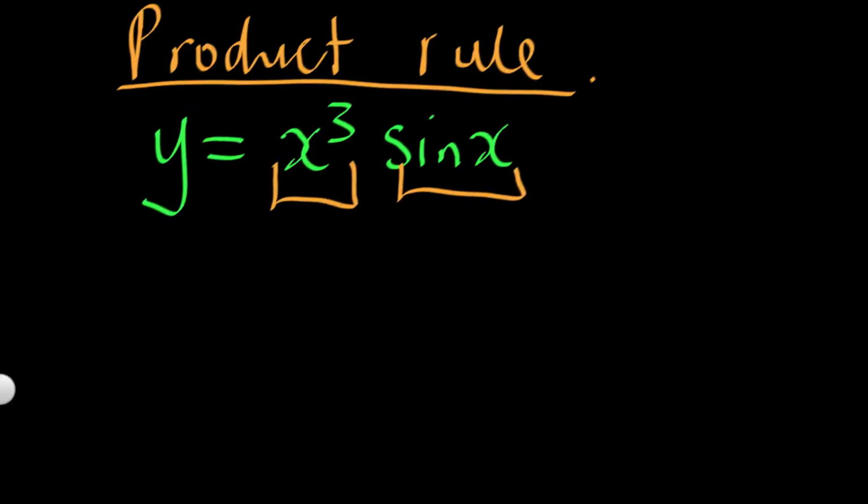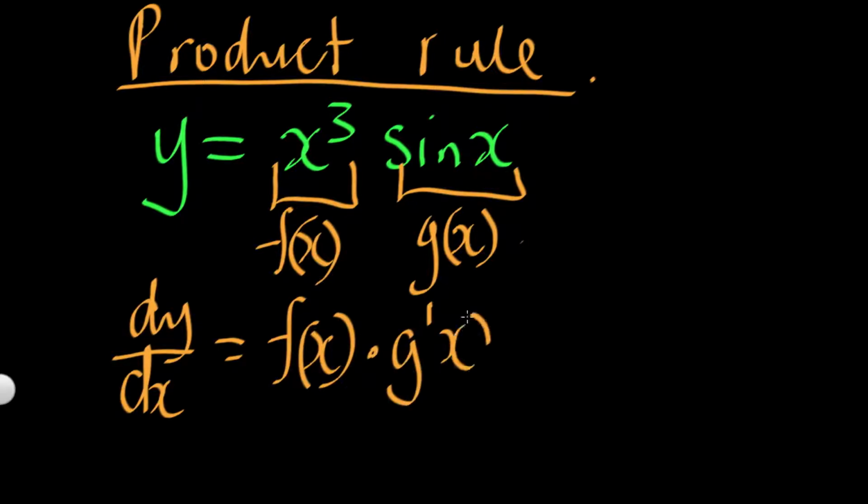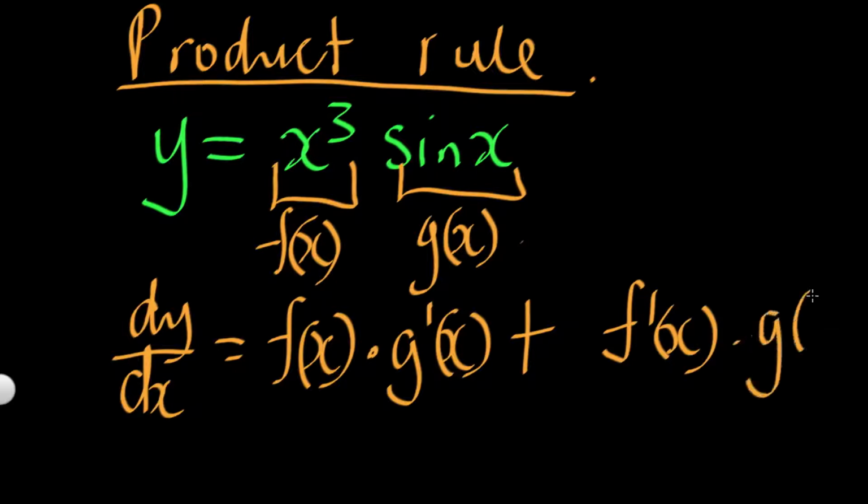So we have two functions here. Let me give them names. Let us say the first one is f of x. The second one is g of x. Now from here we have a general formula for the product rule that says dy dx is equal to f of x times g prime of x plus f prime of x times g of x.